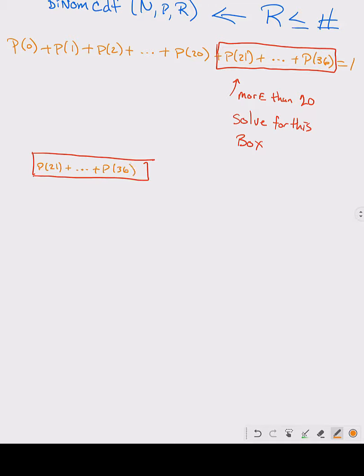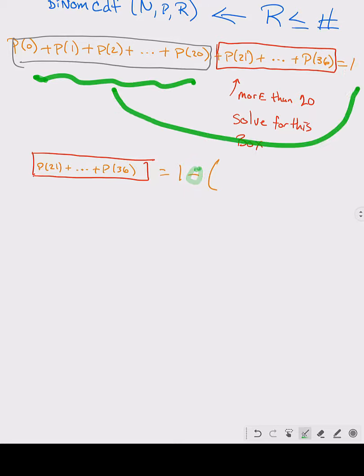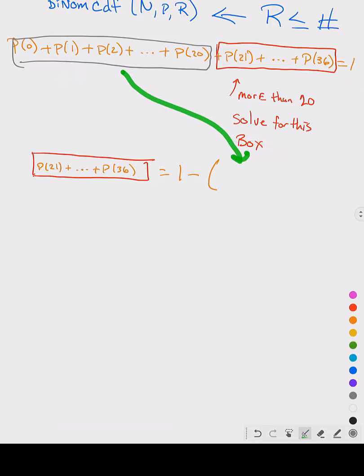I've got all those, and that's equal to 1, and then minus all of the things in this gray box, because the 1 comes from my distribution of the probabilities all equaling 1. Then I'm going to move all the things in this gray box over to the other side of the equation.